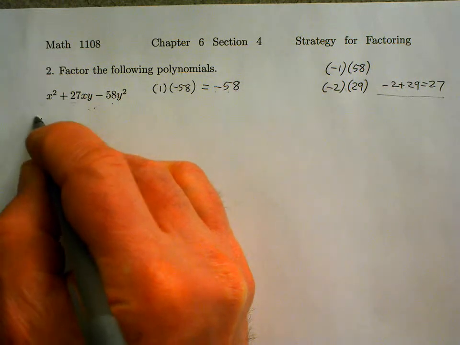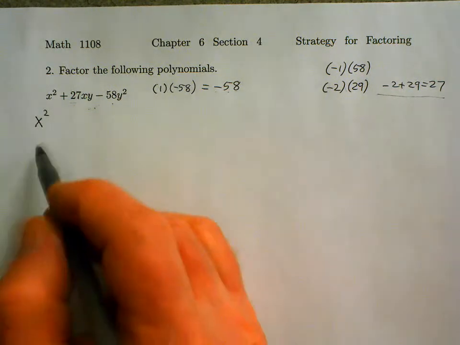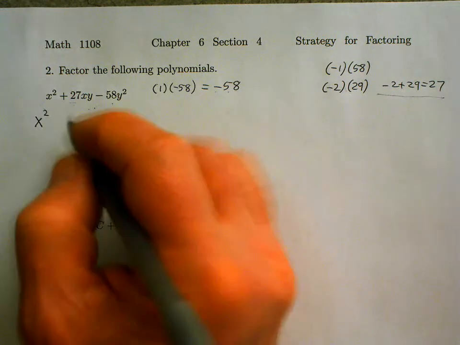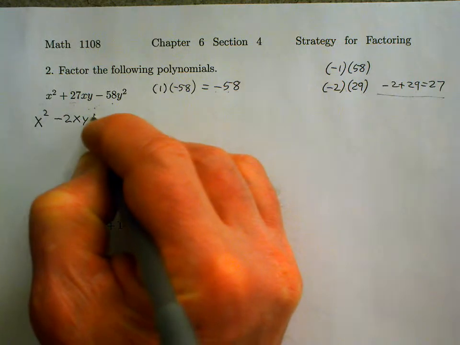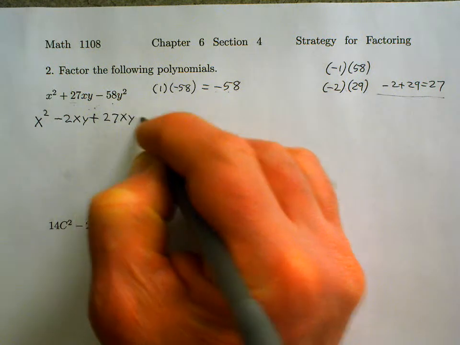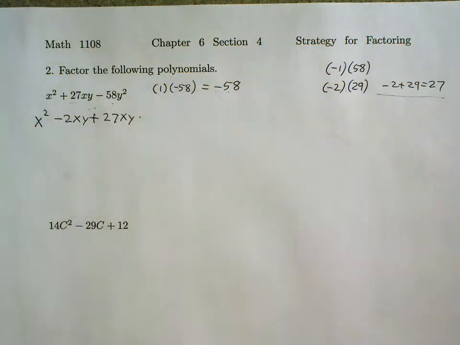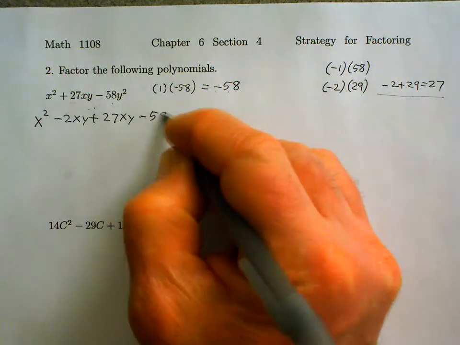So we transform the trinomial into a quadrinomial. We write x squared minus 2xy plus 27xy minus 58y to the second.